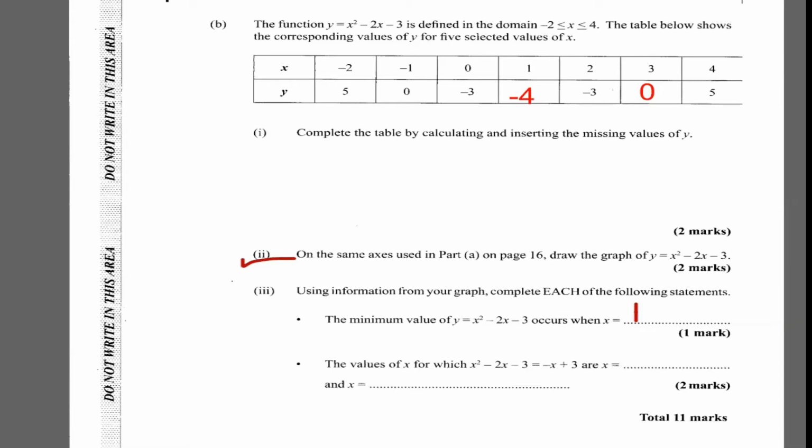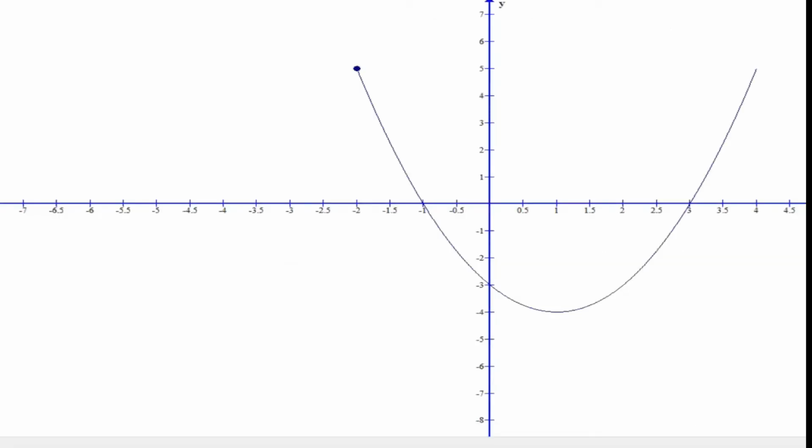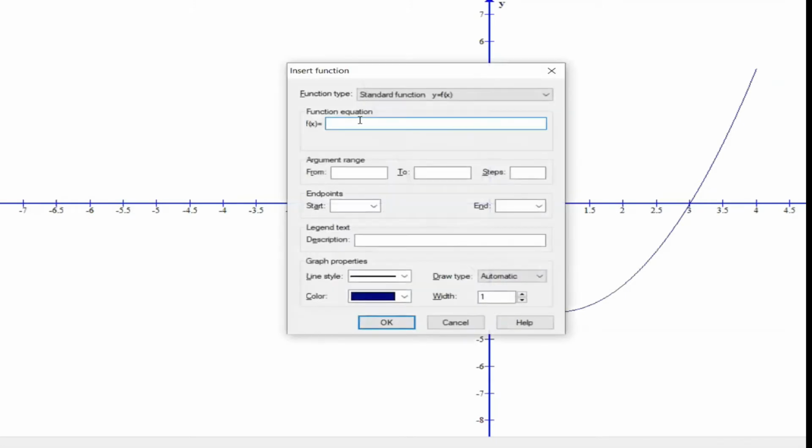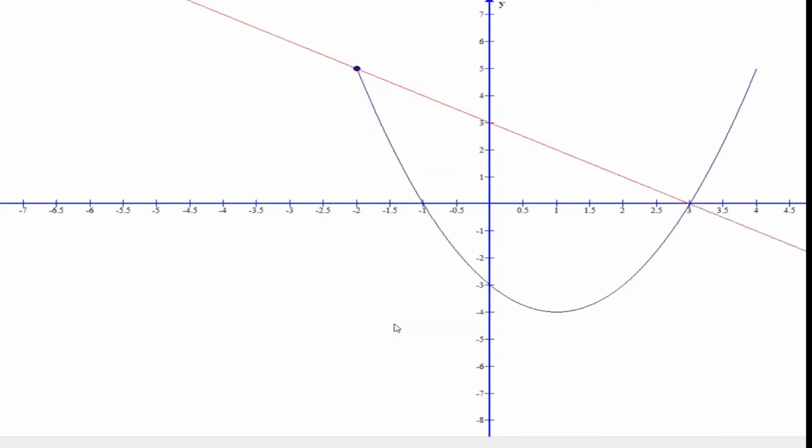So let's draw the line negative x plus 3. We're going to insert the function where y is negative x plus 3. And let's change the color to red. That's the line of y equal negative x plus 3.